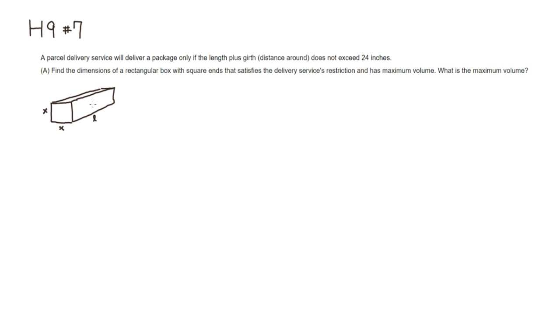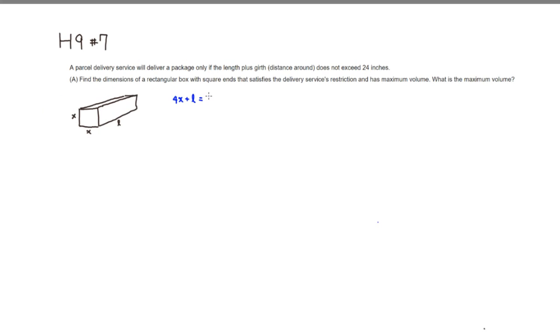The requirement is, girth would be x plus x plus x plus x, so it's going to be 4x. And the length is L, and it cannot exceed 24 inches. Since we're looking for the maximum volume, why don't we set that equal to 24?